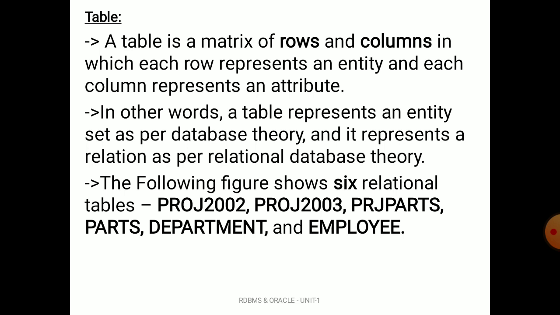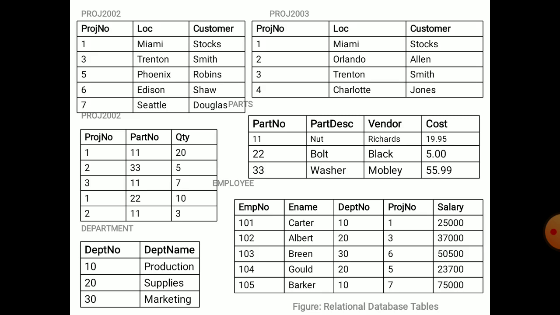The following six relational tables are used to represent the relational database management system concept. The table names are PROJ2002, PROJ2003, PRJ pods, department and employee. These tables are used to represent and perform the relational database management concepts.